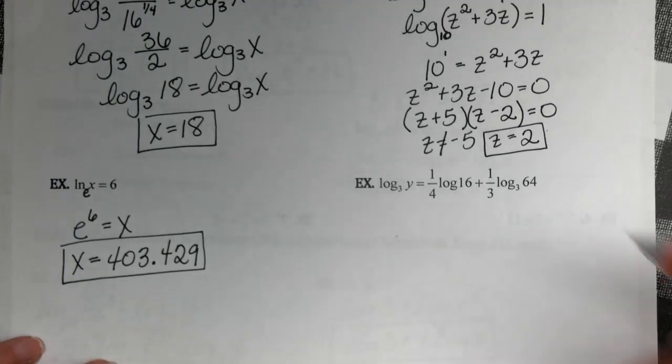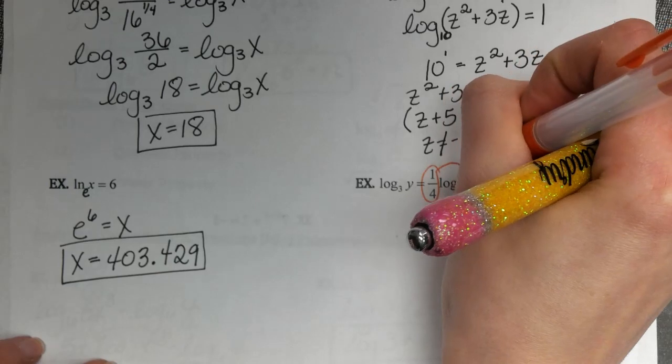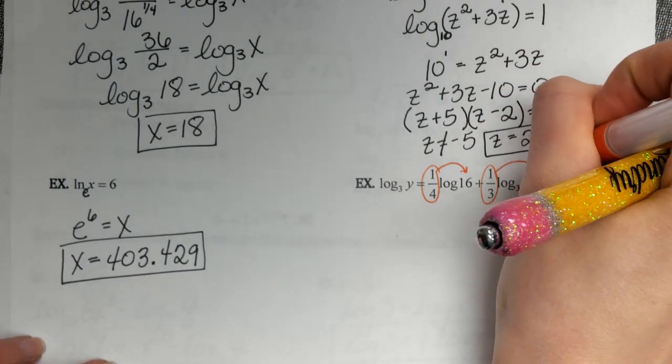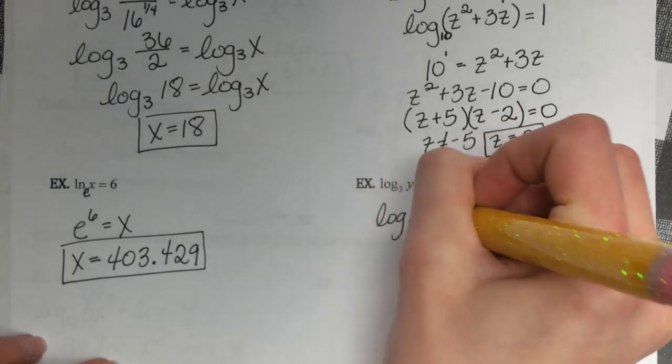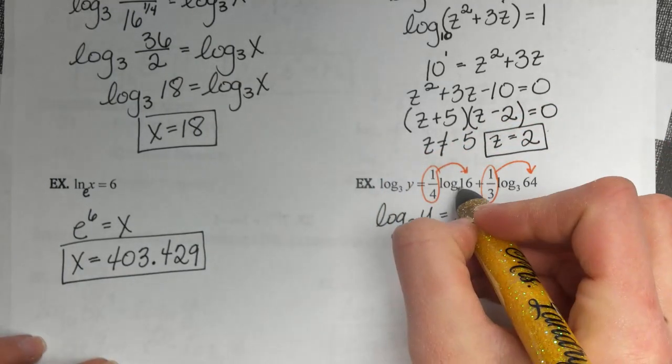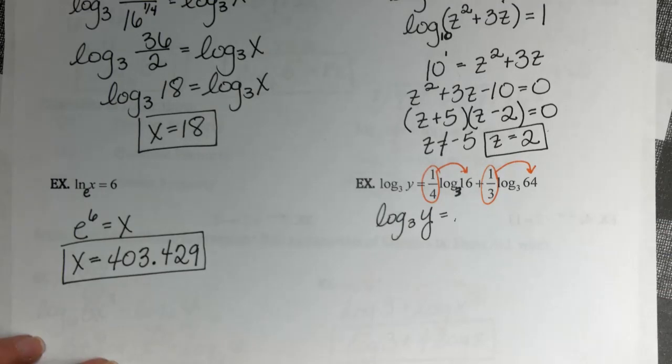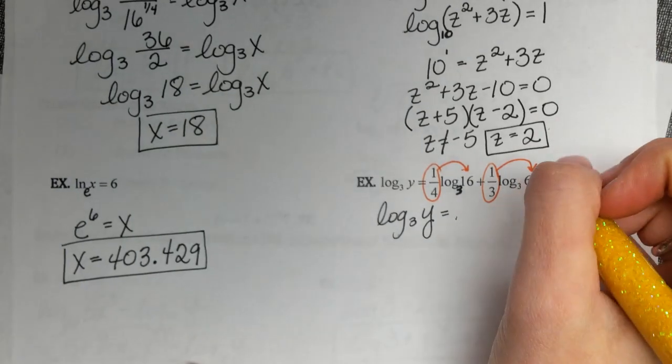Okay, you should start by moving your exponents back. So you have log base 3 of y is equal to, that should have a 3. Sorry. My bad. Okay.